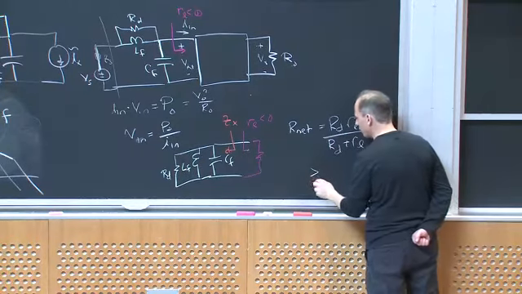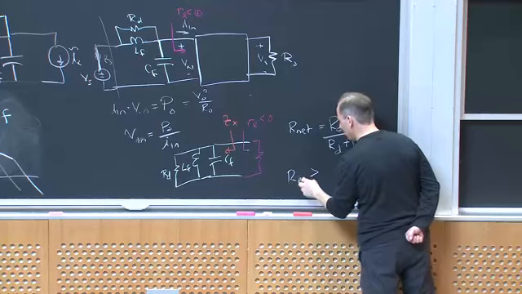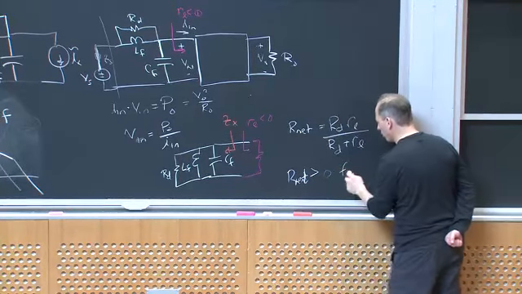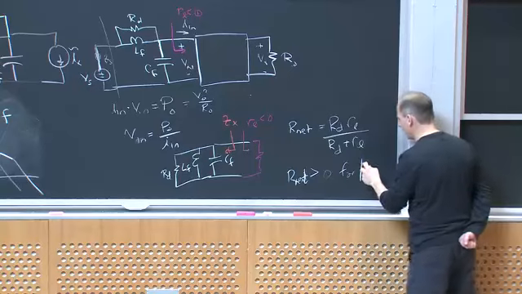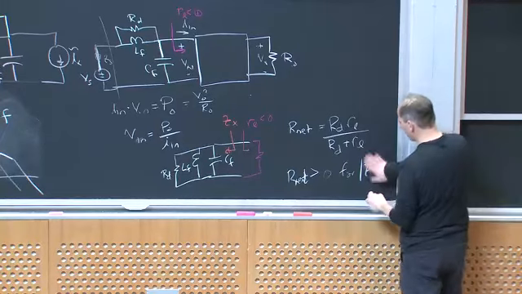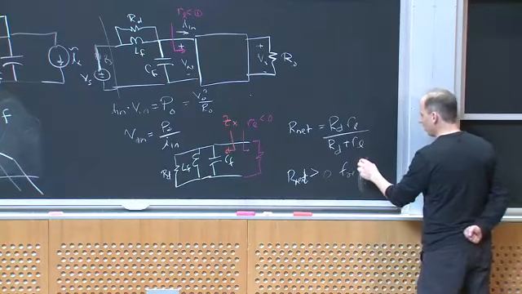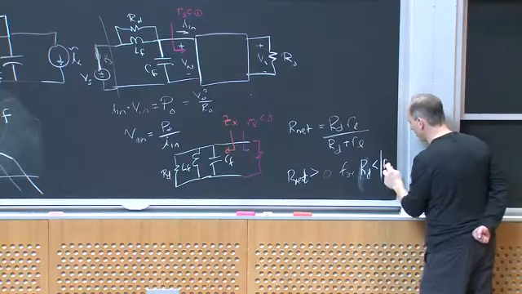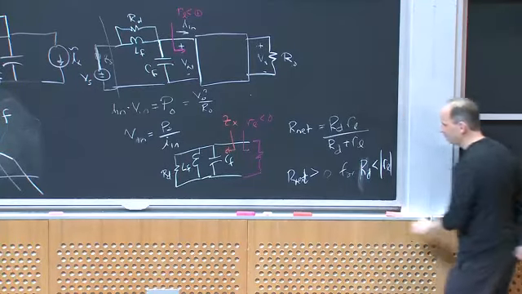R net is greater than 0 for the magnitude of Zx, or I should say, for RD less than the magnitude of RL.